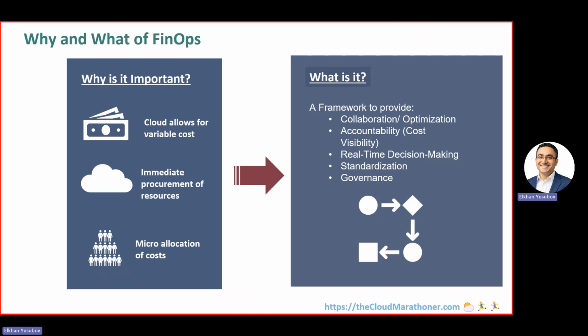And when we look at what it is, basically FinOps is a framework, as we mentioned already, and that framework provides different capabilities for collaborating and optimizing work that's being done in the cloud environment.